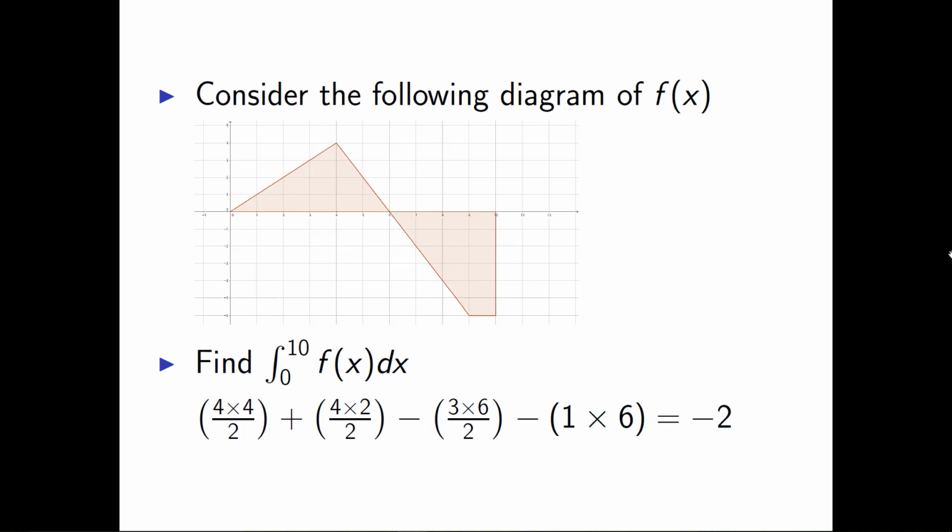So the third triangle goes from 6 to 9, so its width is 3, and its height is 6. So we get 3 times 6 over 2, and we subtract that, and the final one is 1 times 6 that we've already seen. So that integral gives us negative 2, and if you like, that's the net area. We have slightly more below the axis than above it, and so the integral there is negative 2. We'll see a lot more on the definite integrals as we move along, but that's about it for now.